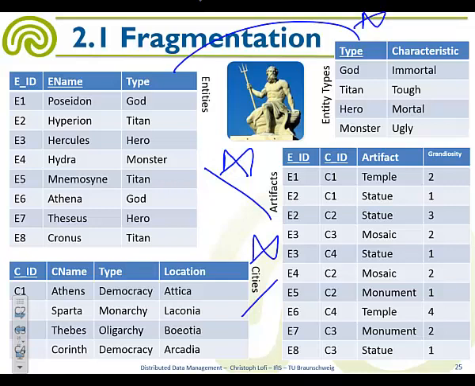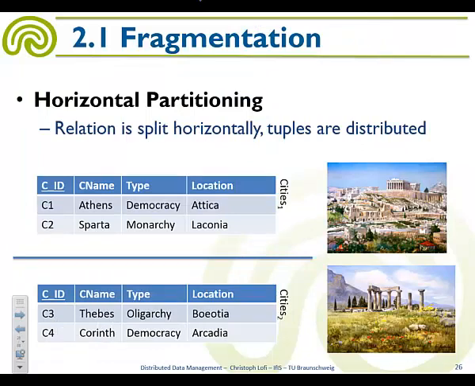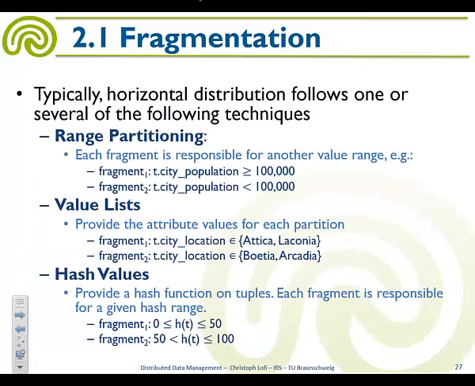Good. Now, let's just assume that it doesn't fit on a single computer, so we can partition it. Simplest thing to do is horizontal partitioning. You just take a table, cut it horizontally into stripes. And then you have these fragments, and you can distribute them and allocate them to different machines. Now the question is, how can you decide on how to fragment horizontally?